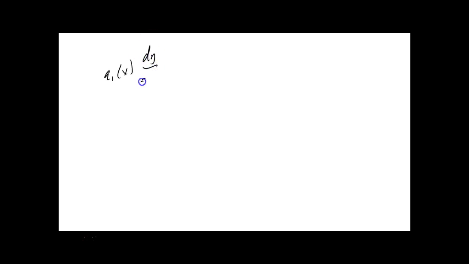Multiplied by dy/dx plus some other function, a sub 0 of x, that coefficient function is a function of x alone, but then you have the y term there, y multiplied by it, okay? And that's equal to some g of x, okay? Which is, again, a function of x alone. Now, what makes this linear is the fact that the first derivative is to the first power, and the y is to the first power, okay?